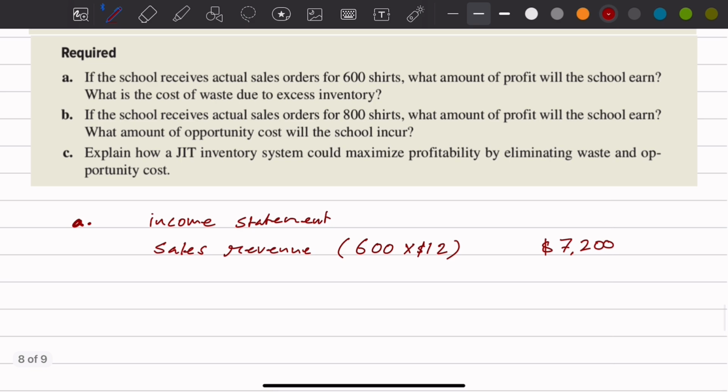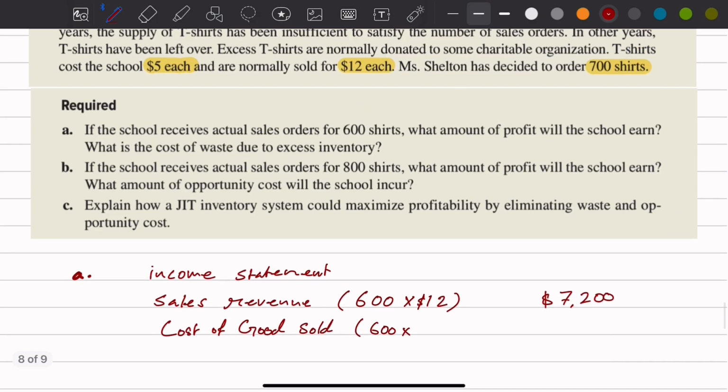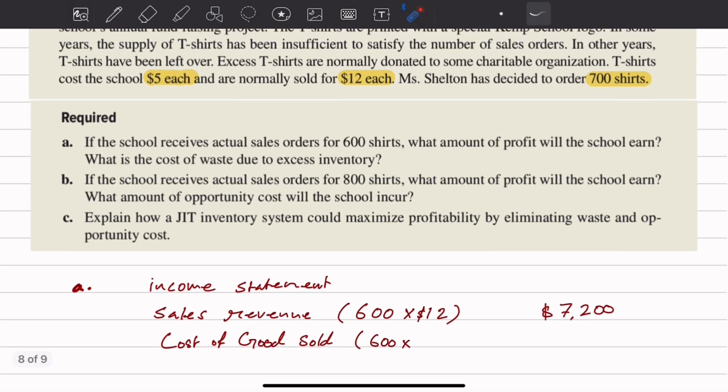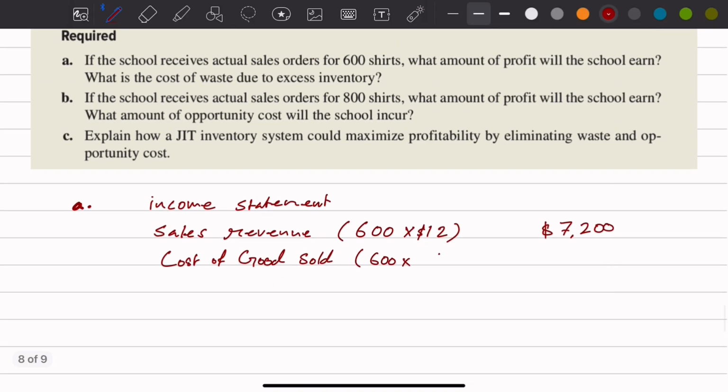Then we need to deduct the cost of goods sold. Again, for the same number of t-shirts. However, this time we're using the cost of each shirt, which is $5 each, right? So we're going to multiply that by $5. 600 multiplied by 5, that's $3,000.